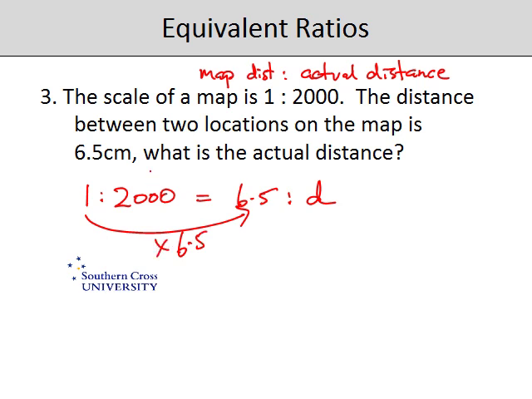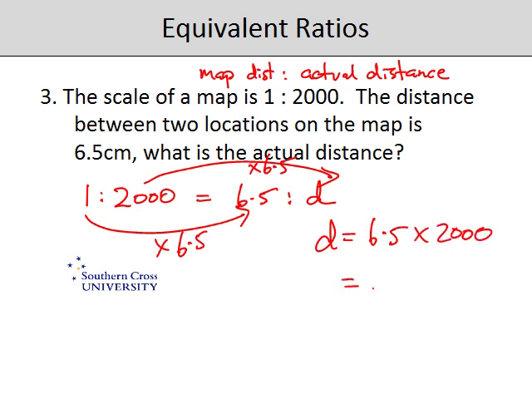So to get D, 2000 has to also be times by 6.5. So D is equal to 6.5 times 2000, which is equal to 13,000. And you need to remember that because 6.5 was in centimetres, this answer here is in centimetres as well.